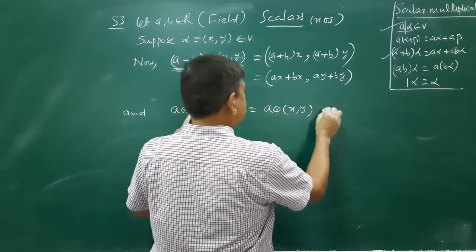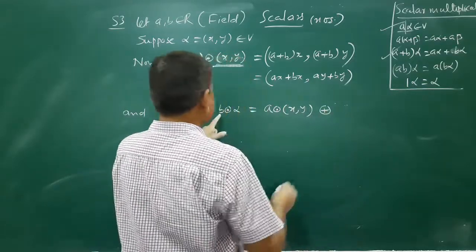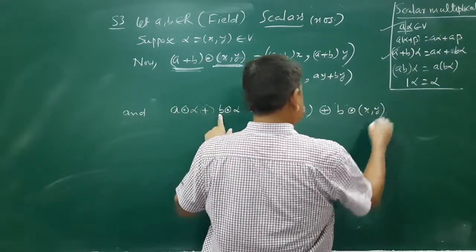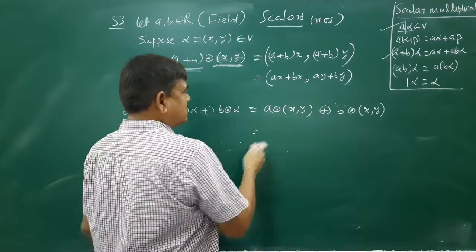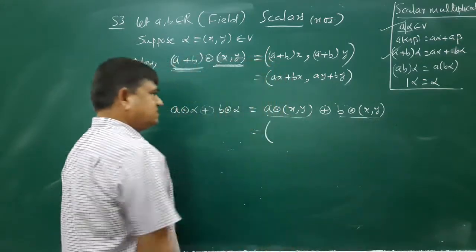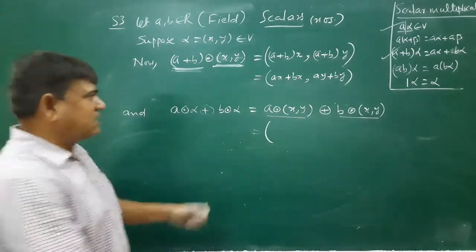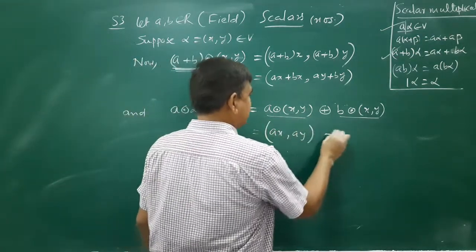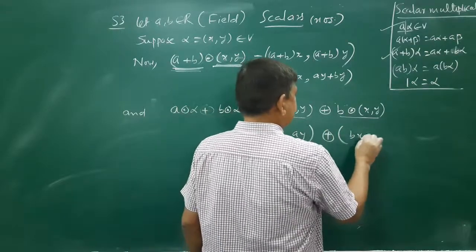Okay. What is the scalar multiplication? Just multiply, just like a matrix. It is ax, ay by definition, and bx, by.